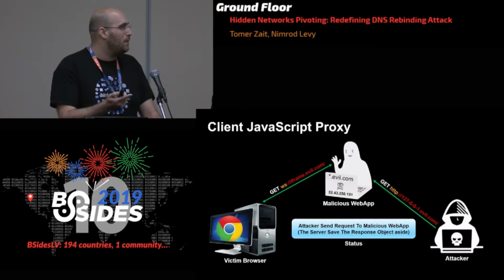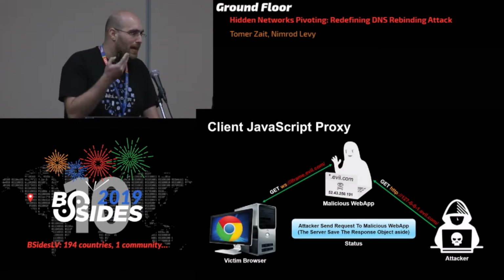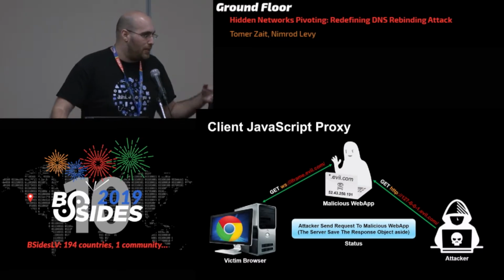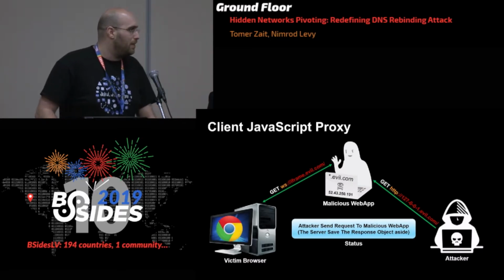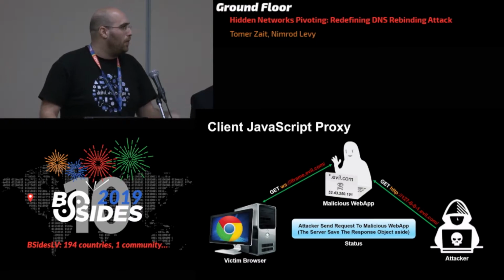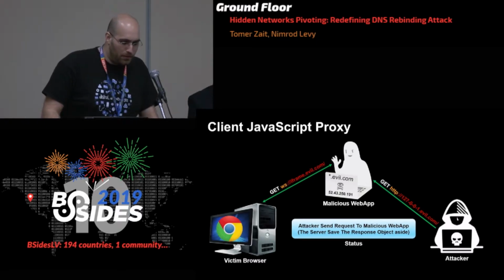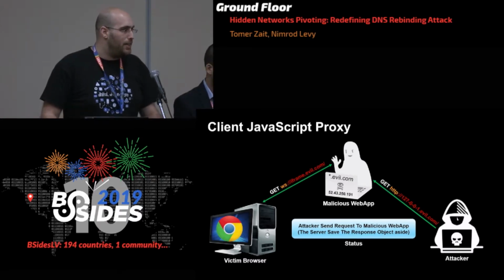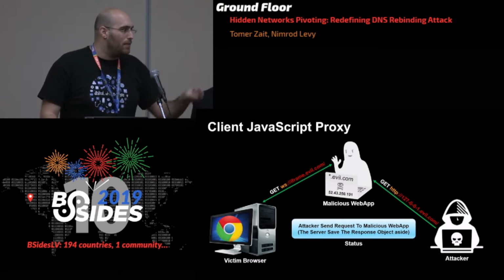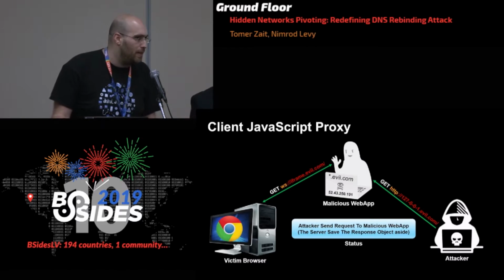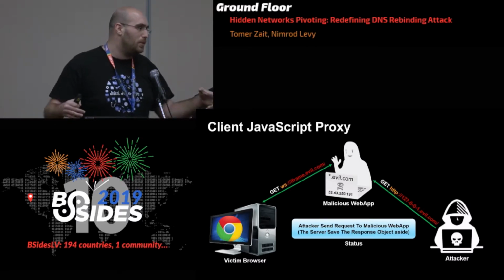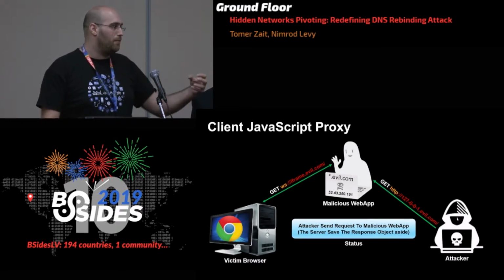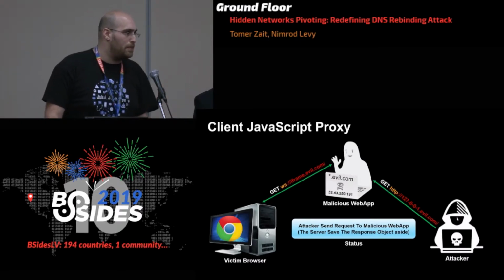So we send the request to the malicious web application, but how can we get the information we need from the internal web application in the victim browser network, from the malicious web application? The malicious web application has a responses dictionary, and it will save the response object. We're using Node.js, so it is possible to create a global response object that will have key-value paired responses.